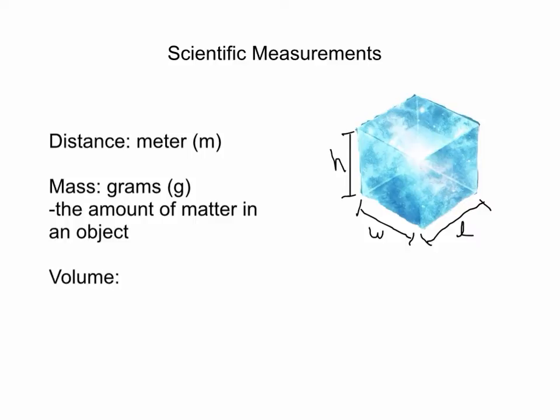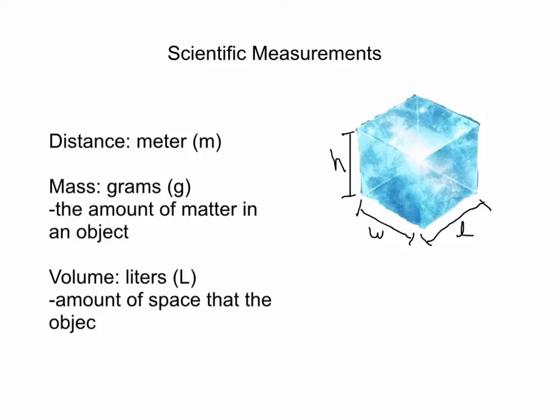Volume, again, the metric unit for this is going to be liters, which has the abbreviation of L. And I will use the capital L so it doesn't look like an I. So the volume is a measure of the amount of space that the object takes up.